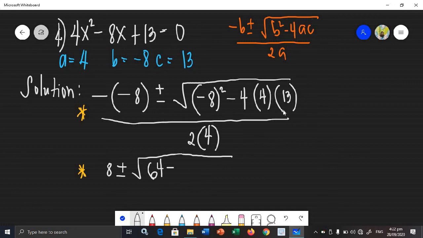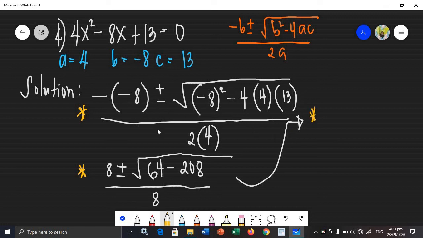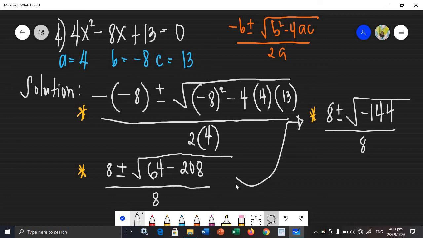Okay, times 13, dire-diretso, the answer is 208 all over 2 times 4, the answer is 8. So I'm going to continue my solution here. So 8 plus negative square root of 64 minus 208, the answer is negative 144 all over 8. So ayan.